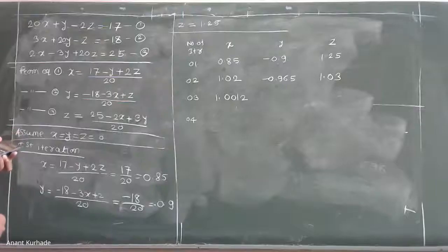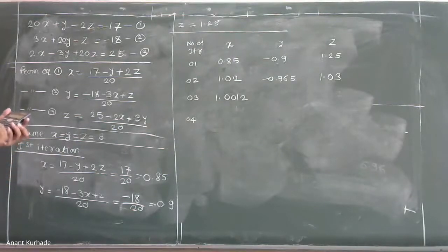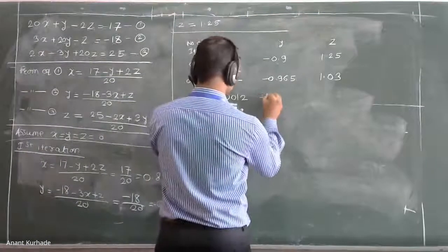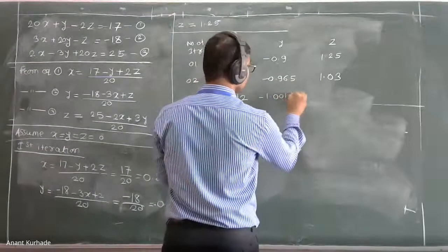Is it correct? Check. See, minus 18 minus 3 into x, while calculating y x is 1.02 only, plus z 1.03, divided by 20. What is y? Is it minus 1.0015?